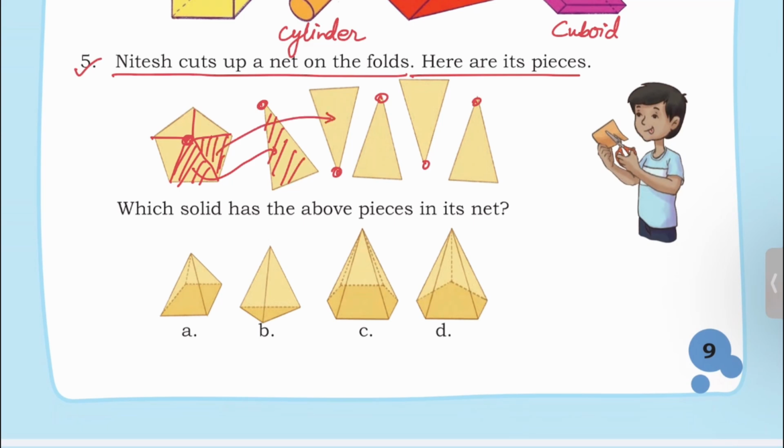If you see from the front, you will get the shape D. It has been asked which solid has the above pieces in its net. The answer is D, pentagonal pyramid.